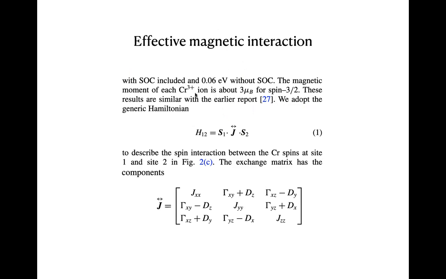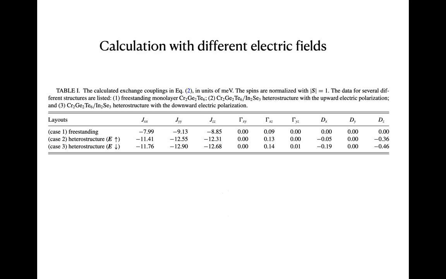As I said, because of the inversion symmetry breaking at the interface by the ferroelectric order, the DM interaction will be generated. This is a general exchange matrix, including the diagonal part, which is the Heisenberg-like interaction, the antisymmetric off-diagonal part, which is the Dzyaloshinskii-Moriya interaction, and the symmetric off-diagonal part, which is called the pseudo-dipole interaction.